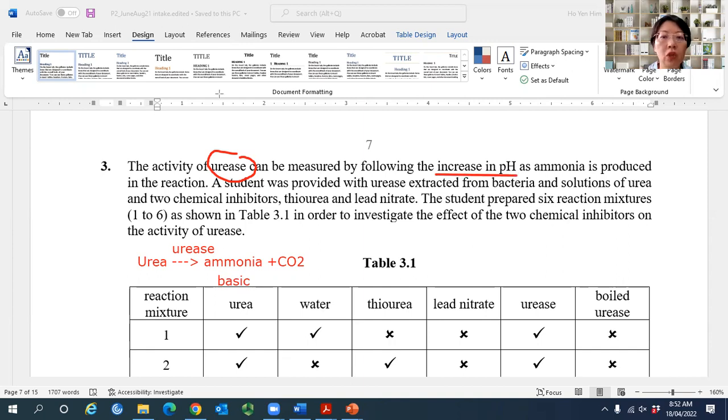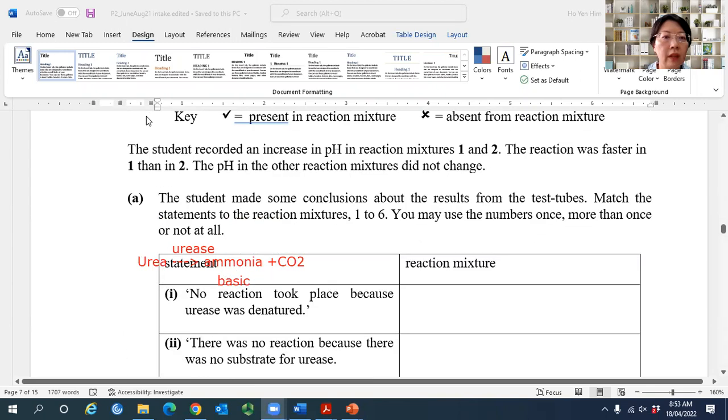Okay, so they said there are 2 chemical inhibitors given. So thiourea and lead nitrate could be the inhibitors. Could be only. So we need to look at the question first. So let's look at the question.